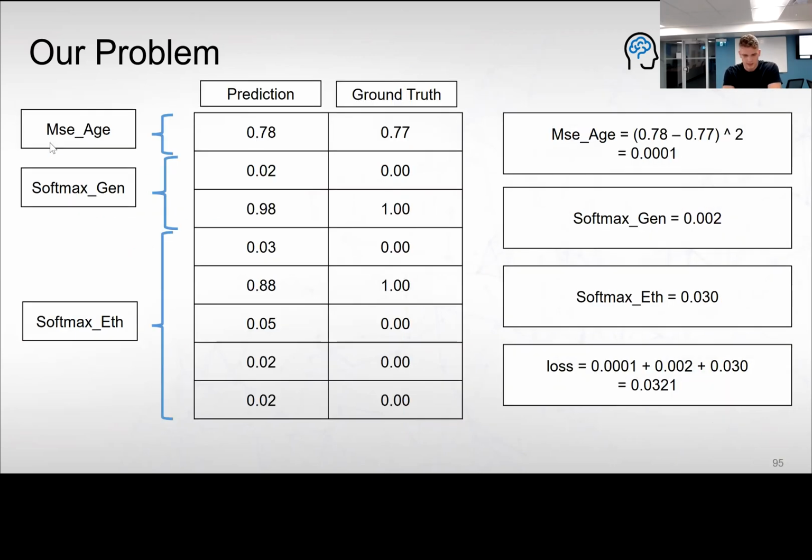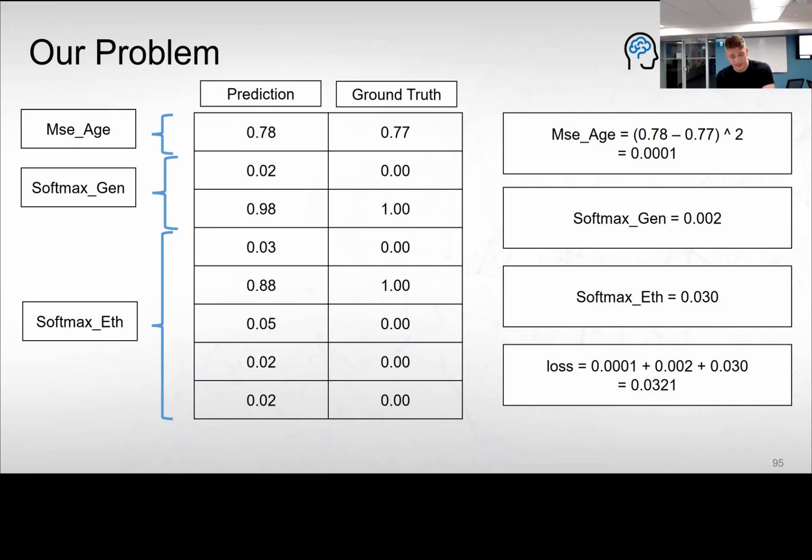Great. So you can see our example right here. We have our prediction on the left, in this column, and our ground truth on the right. This is an example of a good classification, so our model did a good job. It predicted a normalized age of 0.78, and the truth was 0.77, so very, very close.